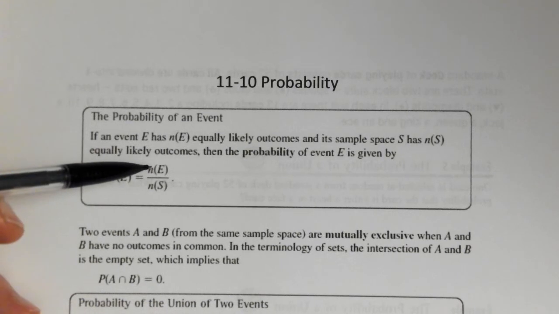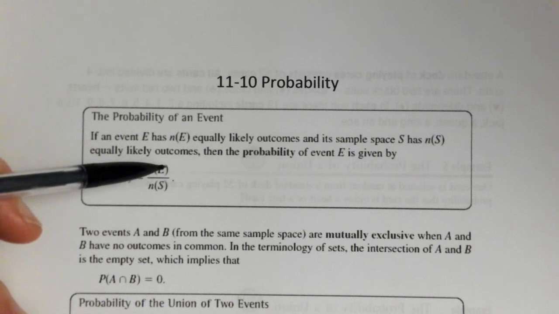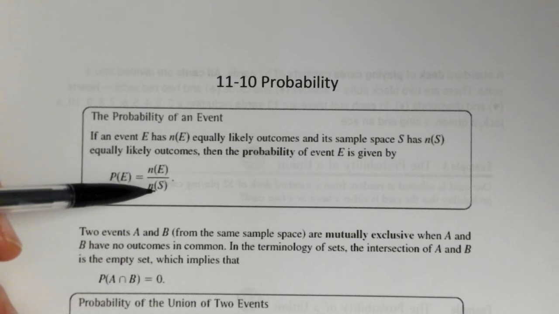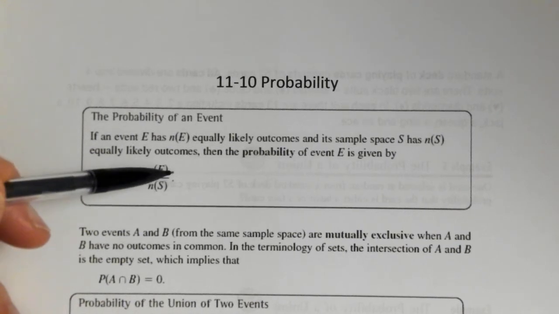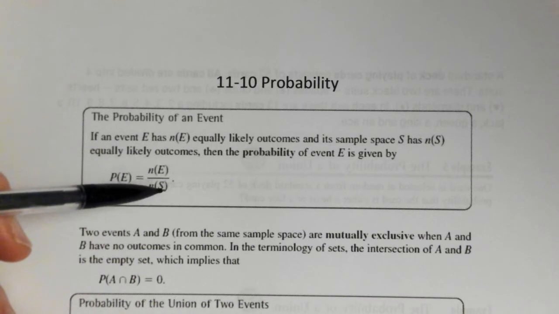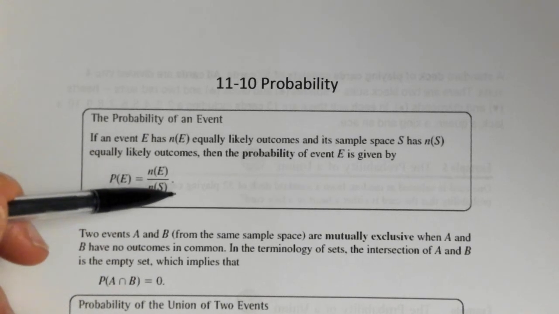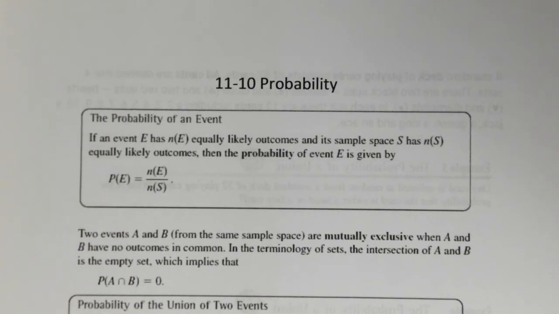Sometimes I like to think about that as the favorable outcomes, or what you want, over the total number of outcomes. So it's favorable outcomes over total outcomes, meaning what you want over the total number of possibilities, or the total number of outcomes possible.